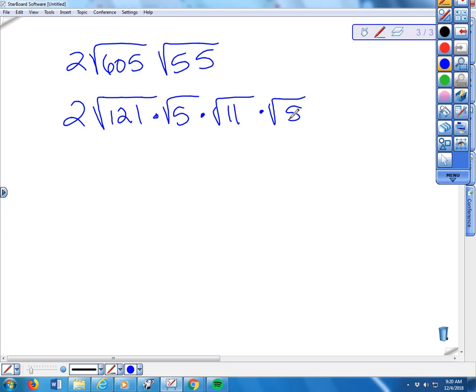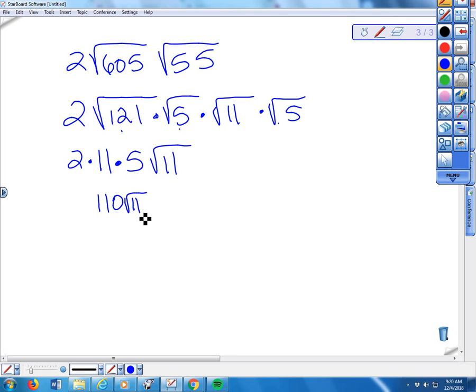And the square root of 121 is 11. And square root of 5 times the square root of 5 is just 5. And I can't do anything with the square root of 11. So I just take 2 times 11 times 5. 110 square roots of 11.